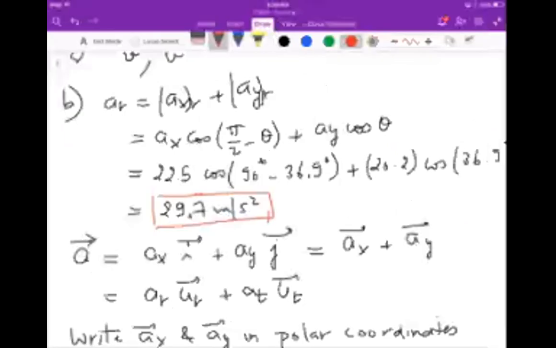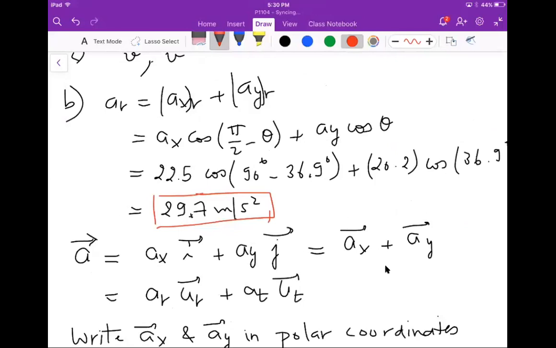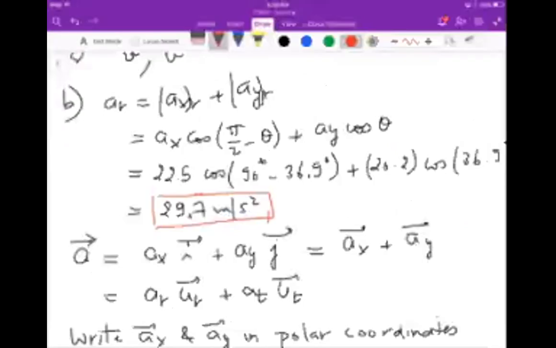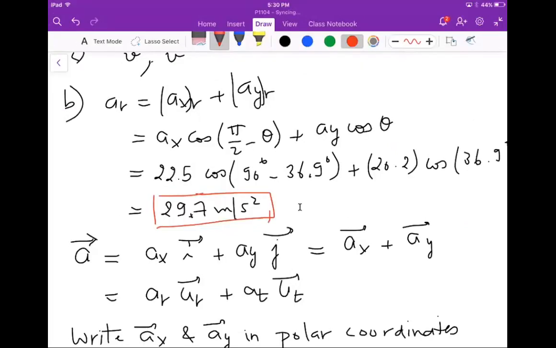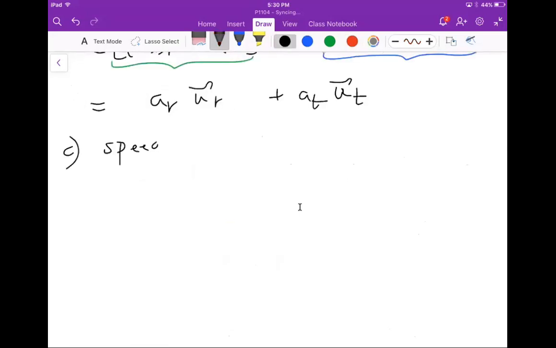Now the third question was, how much is the speed and the velocity of the ball at this instant as well? Let's start with the speed because it's easy to deal with. So part C, how much is the speed and the velocity?